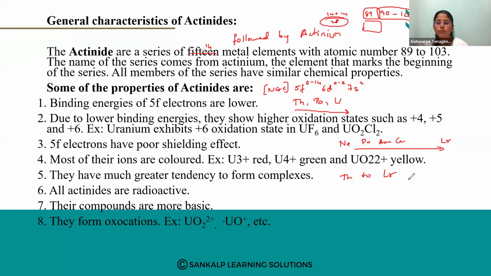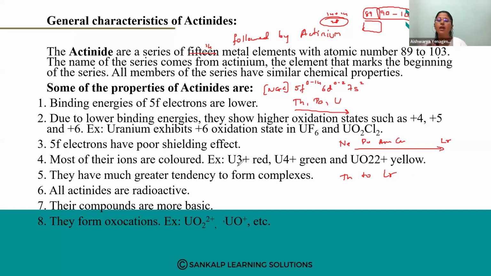In actinides, most of the ions are colored. The reason is the same again: because there are many f electrons, they jump from one state to another. When they go from the ground state to the excited state, they are not stable there and try to come back to the normal state.